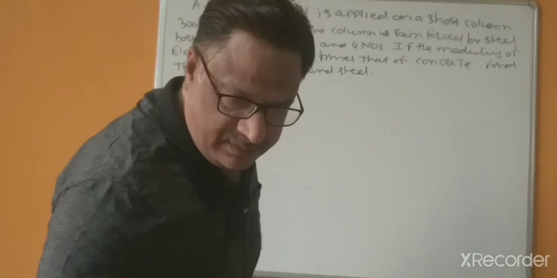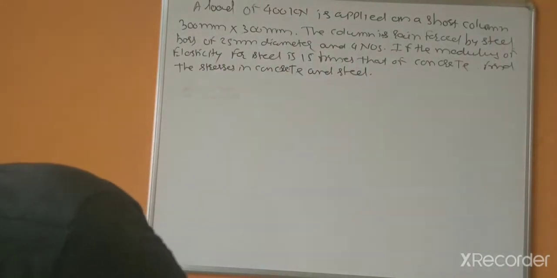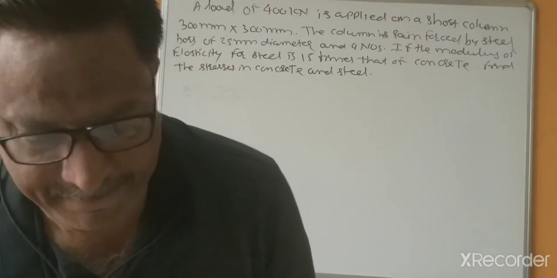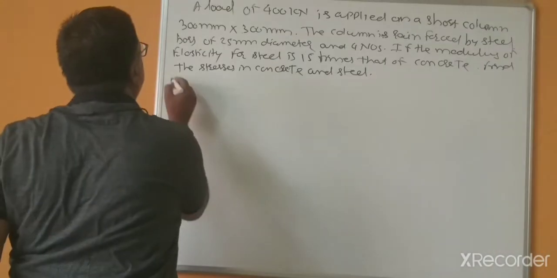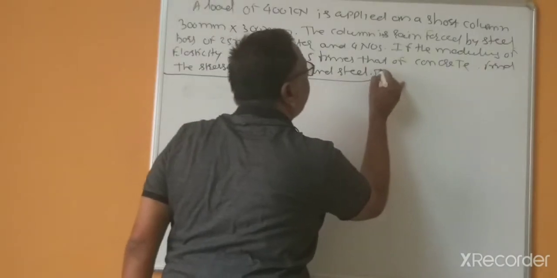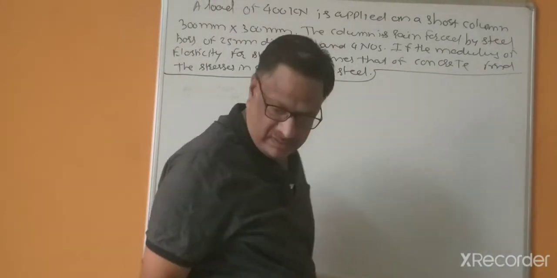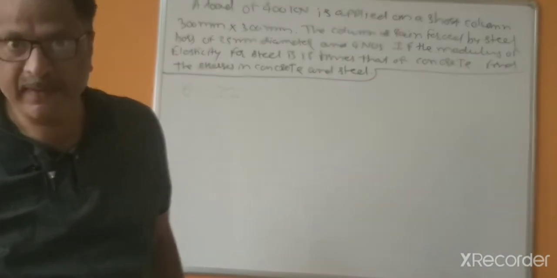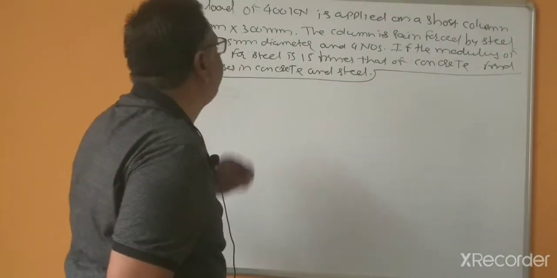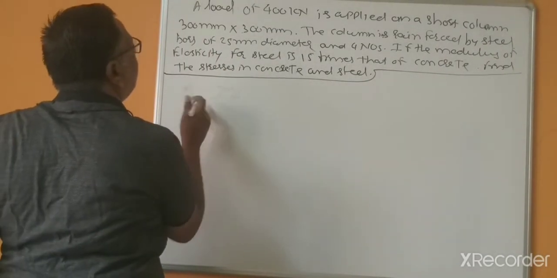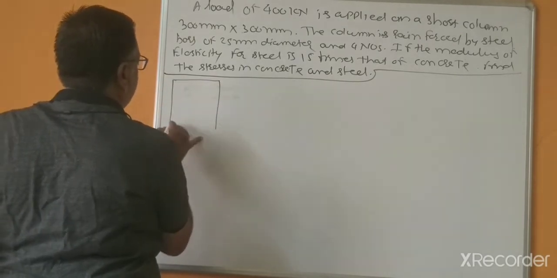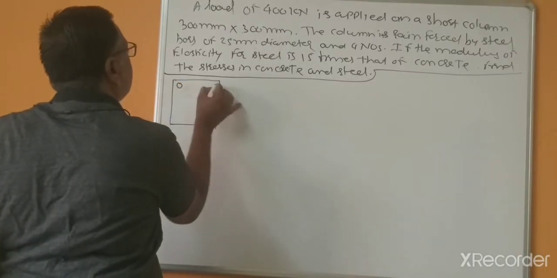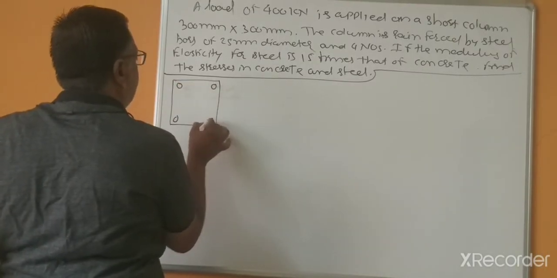So what is given? According to the given data, a load of 400 kilonewtons is applied. Suppose this is a cross section, and in this cross section there are 4 steel bars.